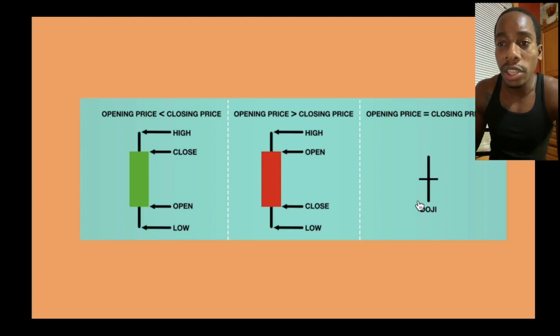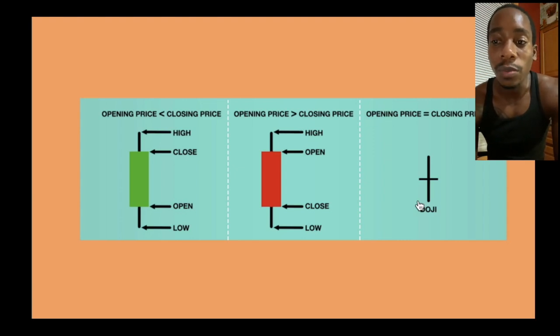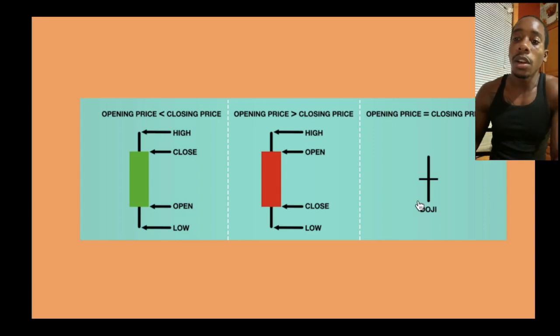In the bullish candlestick, we see the opening is less than the closing price, right? So where the wick starts is the high. Now, at the top of the green part of the candlestick is where it closes. Now, the bottom of the candlestick is where it's actually open, versus the bottom of the wick is the low.